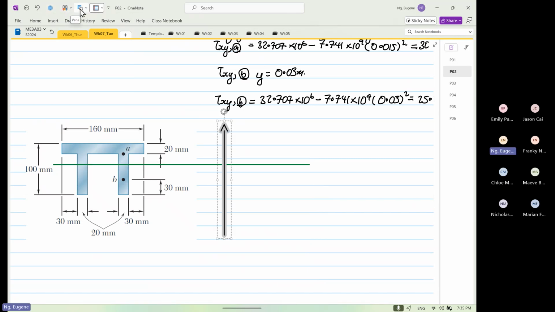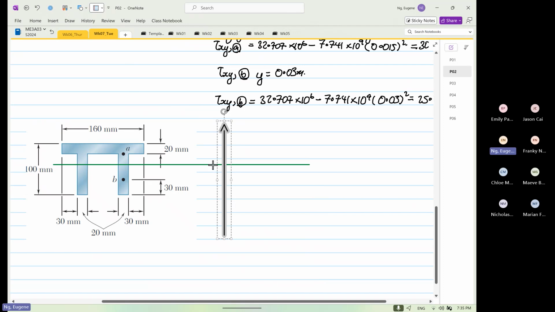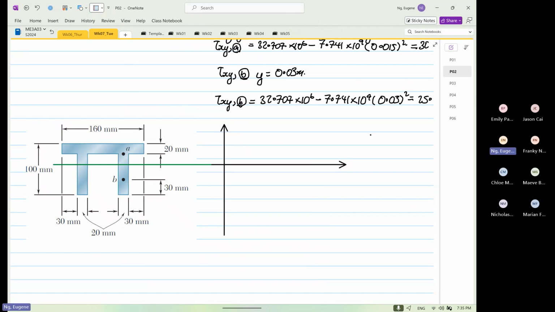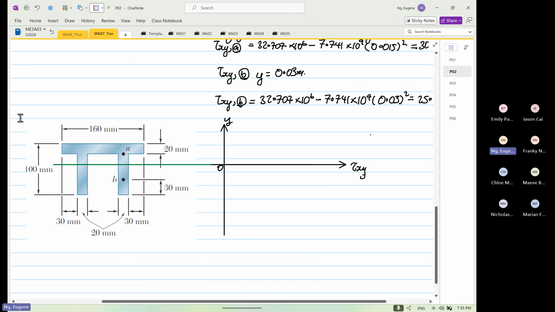Then we have another axis running horizontally. This is our shear stress xy, this is our y, this is our 0.